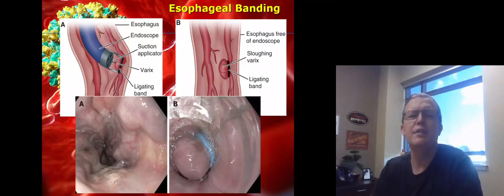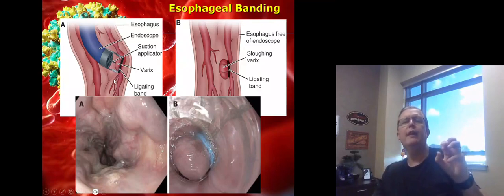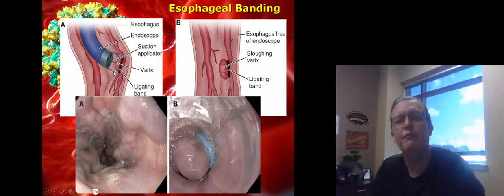device. And you can see in this top image of A, there is your scope, and you see there is a suction catheter that's extended here, and that is to draw up gently that variceal tissue into this metal structure that fits on the end of the scope.